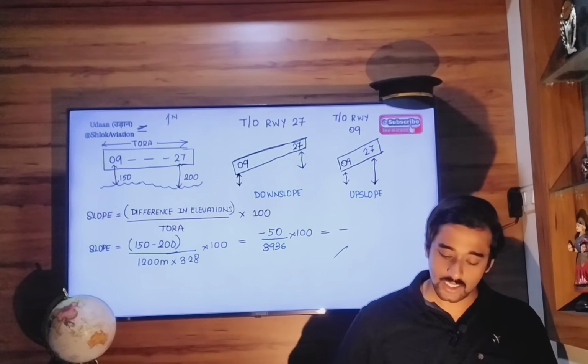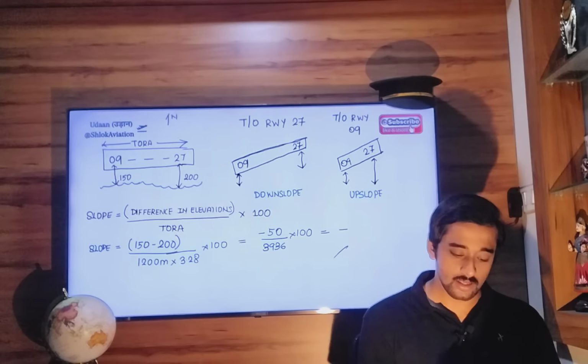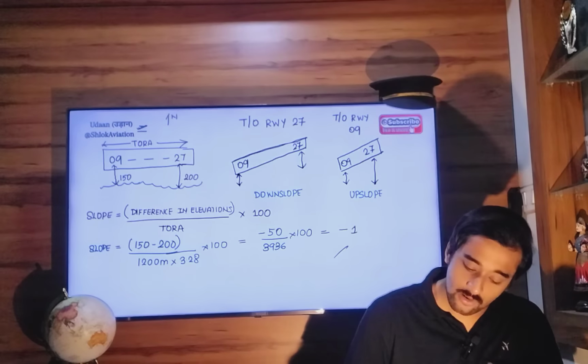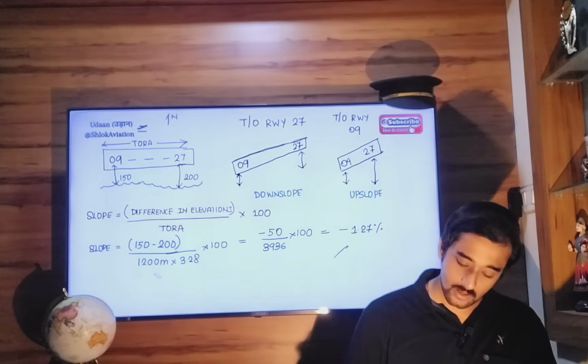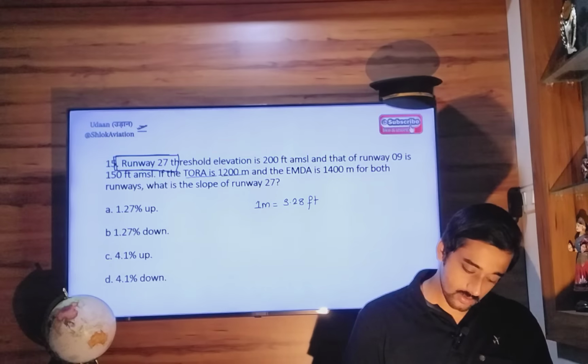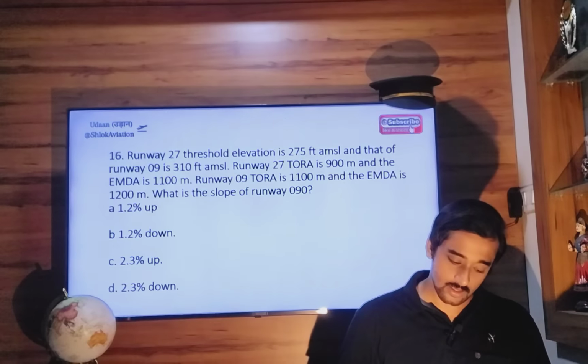So minus 5000 divided by 3936. So it is 1.27%. So we have a downslope of minus 1.27%. So option Bravo.